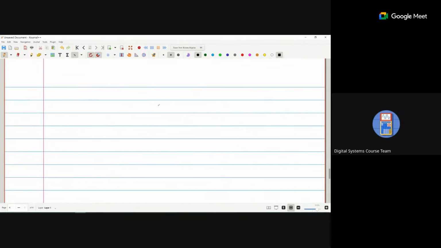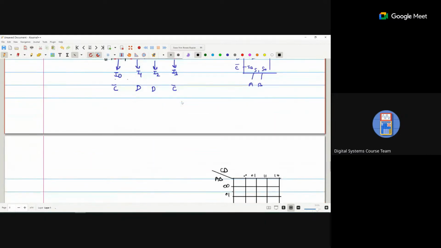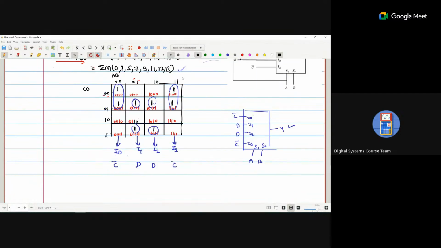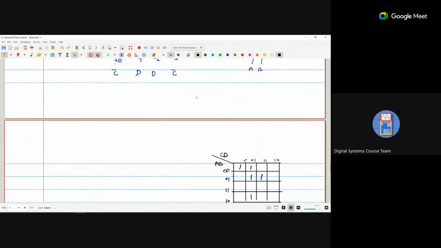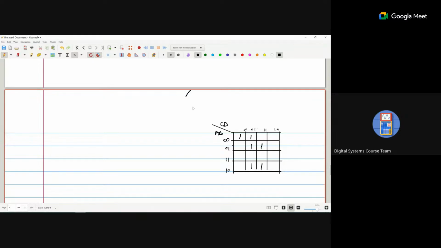So we have a K map, and I will tell you the problem you are facing in this. The variables are A, B, C, D. Now the terms are 0, 1, 5, 7, 9, 11, 12, and 13.